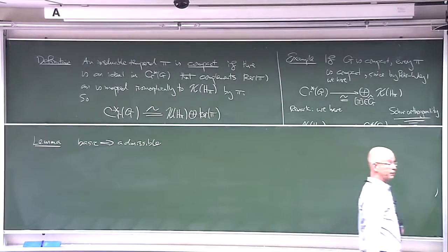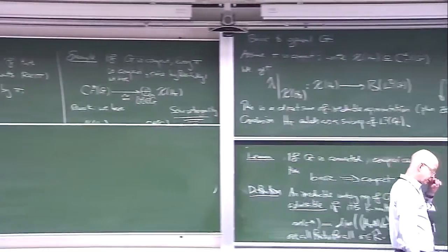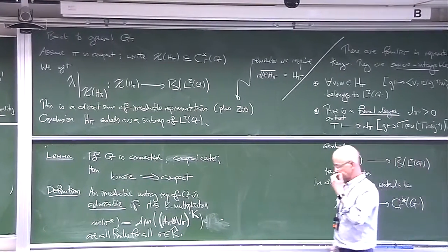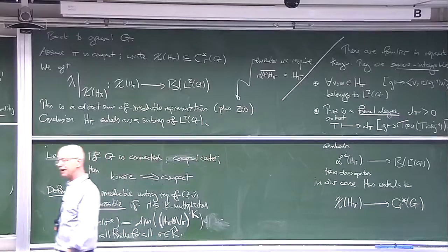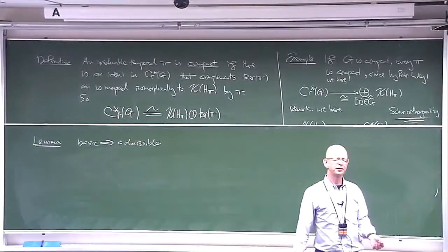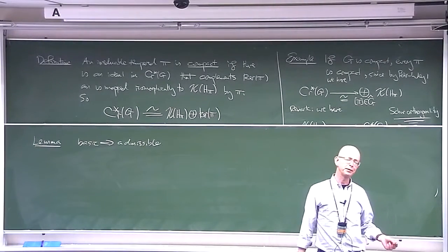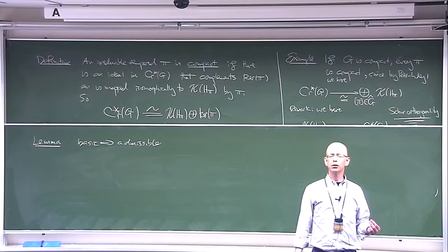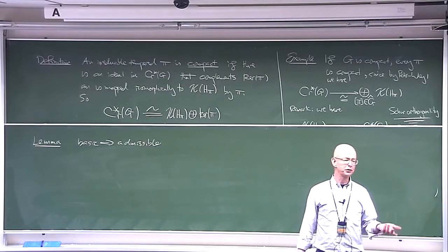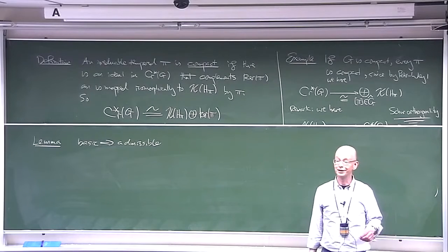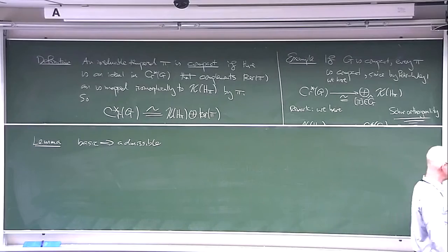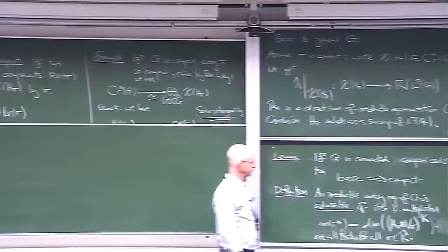If you have a basic representation, then it's also admissible. Now, it's a fact that for the groups we're discussing, every irreducible unitary representation in the whole world is admissible. So admissible is no big deal. But whether or not you make the effort of proving that theorem, it's certainly the case that these basic representations are admissible.